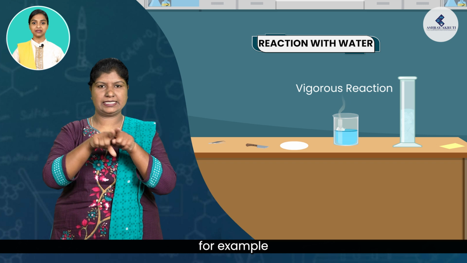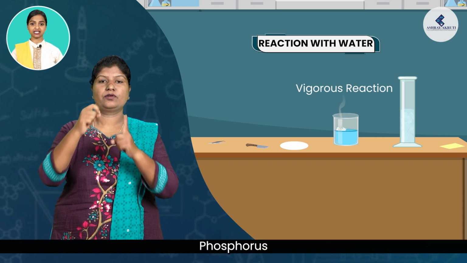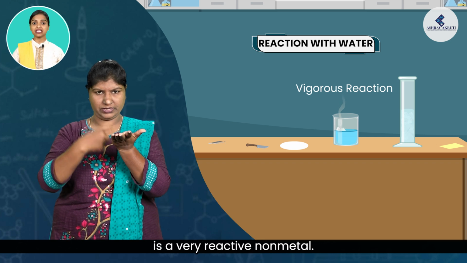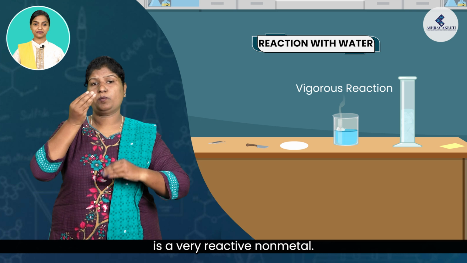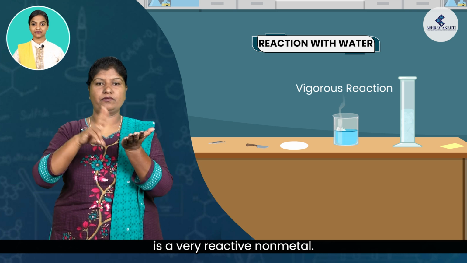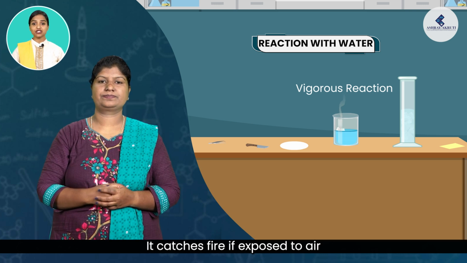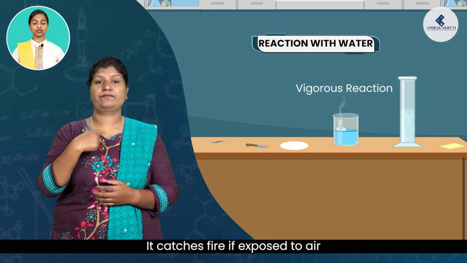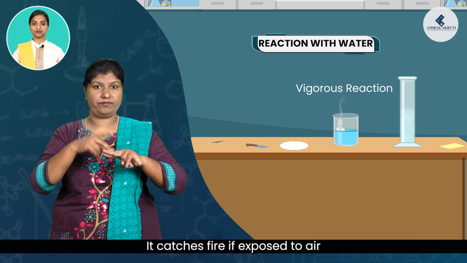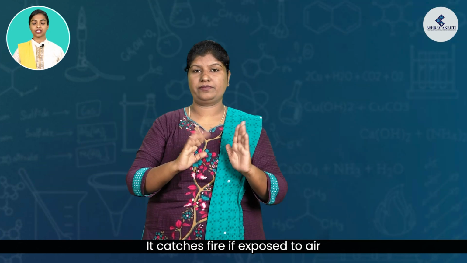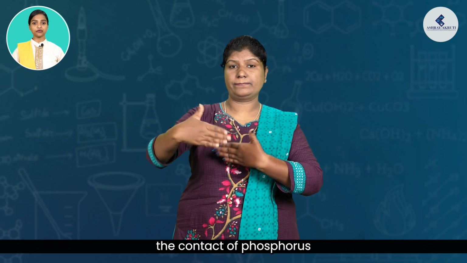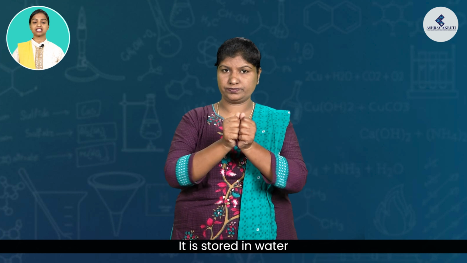For example, phosphorus is a very reactive non-metal. It catches fire if exposed to air. To prevent the contact of phosphorus with atmospheric oxygen, it is stored in water.